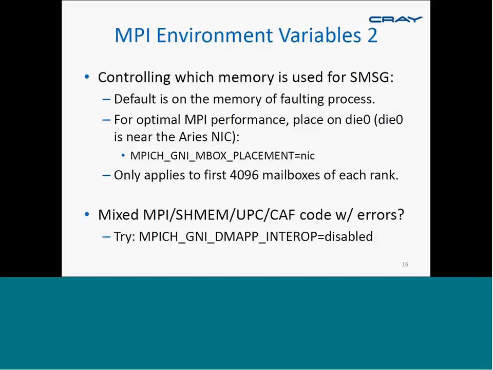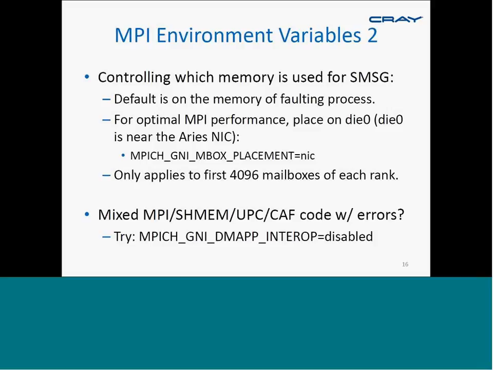And if you're familiar with the hardware, the XK6, XE6, or the XC30, these are NUMA nodes. So in some sense, the memory width and the latency available between pieces of memory is not uniform. And some of this memory is going to be closer to the network card, and some of this memory is going to be farther away.